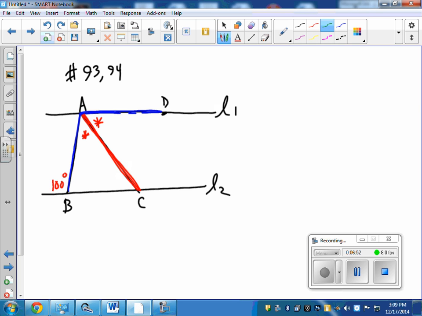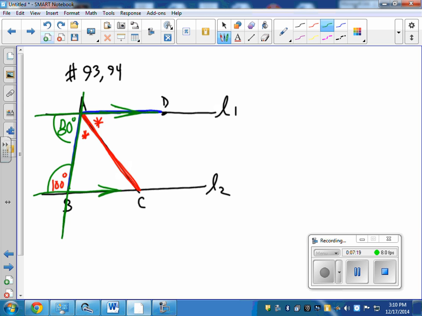Well, let's do the parallels first. Again, we know that this is parallel to this. That was given. And so we have these two parallels, and we have a transversal right here. Okay, and we know that two parallel lines cut by a transversal, angles on the same side, these interior angles here, have got to add up to 180 degrees. So these two have got to be supplementary.